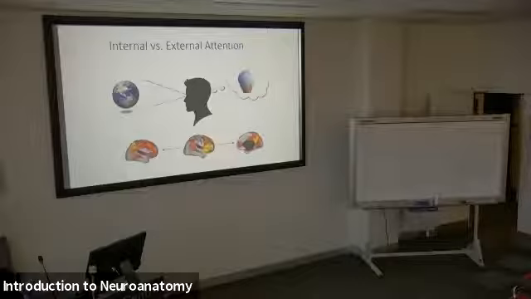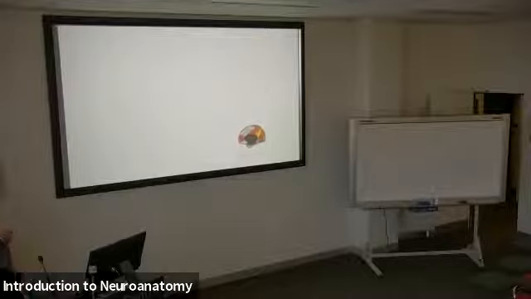I didn't belabor the point here, but this is a representation of what we call the default mode network. This is what we call the ventral attention network, and this is the dorsal attention network. You can think about the ventral attention network as arbitrating between whether you focus on the world or on some imagination of the world as you would like it to be.